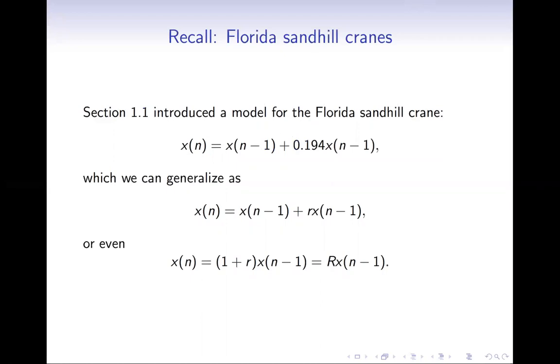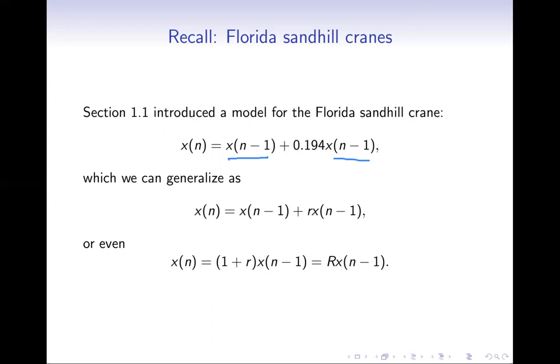Recall that in section 1.1 we were introduced to a model for the Florida sandhill crane. This model was given to us as a recurrence relation, where x represented the number of cranes at time n. In general, the number of cranes in year n was given by the number of cranes in the previous year, plus the net growth rate times the number of cranes in the previous year.